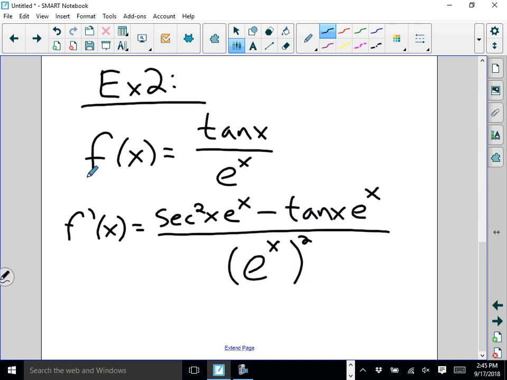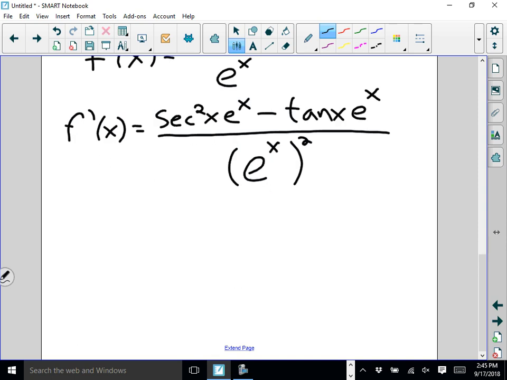Doing that, we end up with this. Notice that there are two e to the x's on the bottom. We don't cancel the whole thing, just take out one of them. And we can write this simply as f prime of x equals secant squared x minus tan x over e to the x.